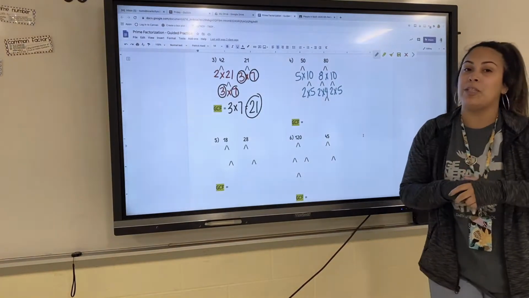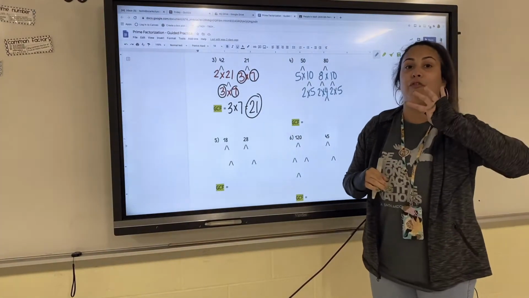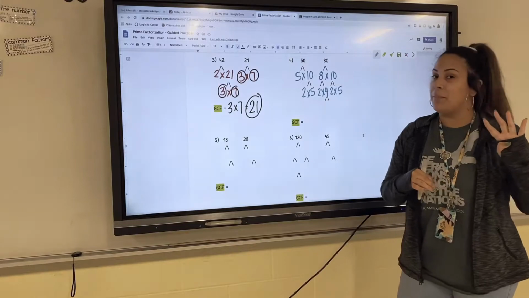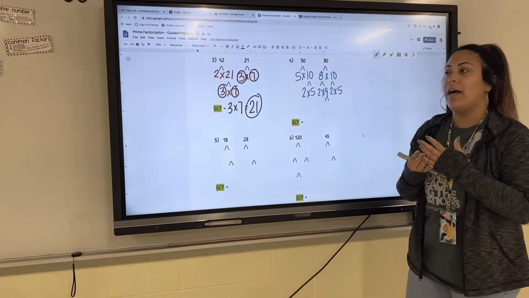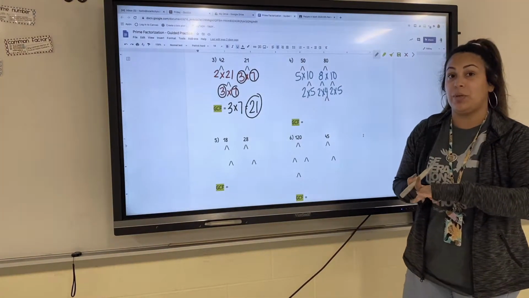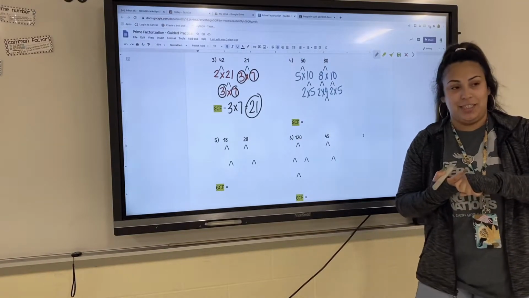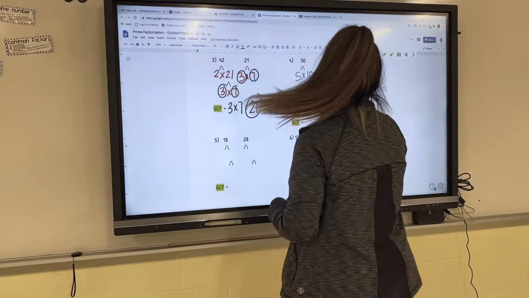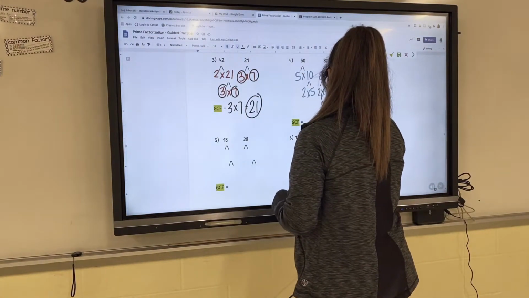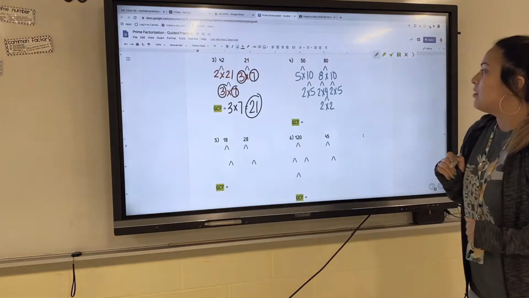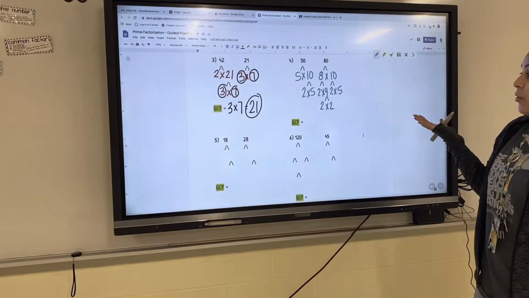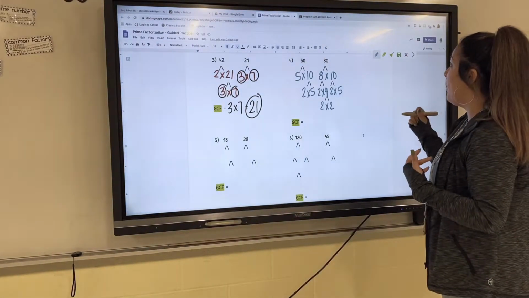So what can I multiply together to give me 4 besides the numbers 1 and 4? What else can I multiply together to give me 4? The answer is 2 times 2. So now we're done because 2 is a prime number.